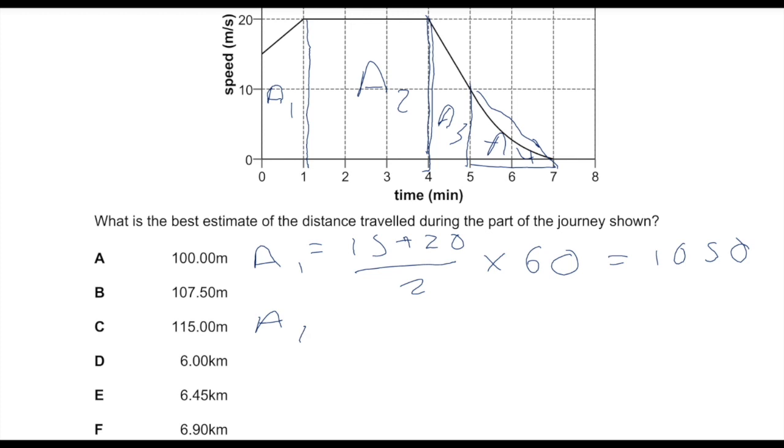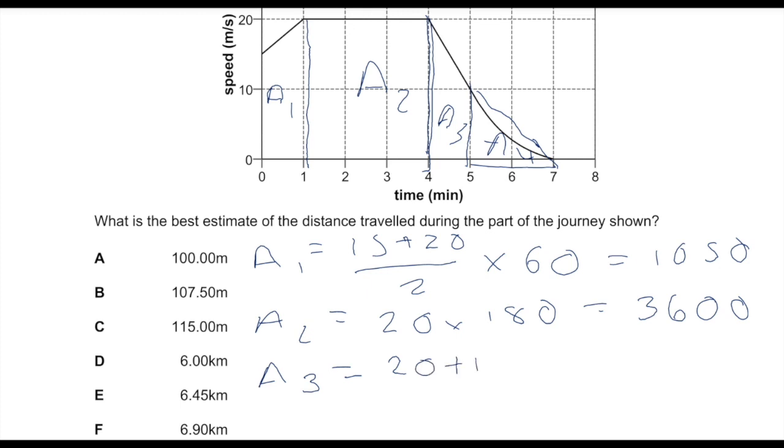Area 2 is 20 times by 180, which is equal to 3600. Area 3 is equal to 20 plus 10 over 2 times by 60, which is equal to 900.